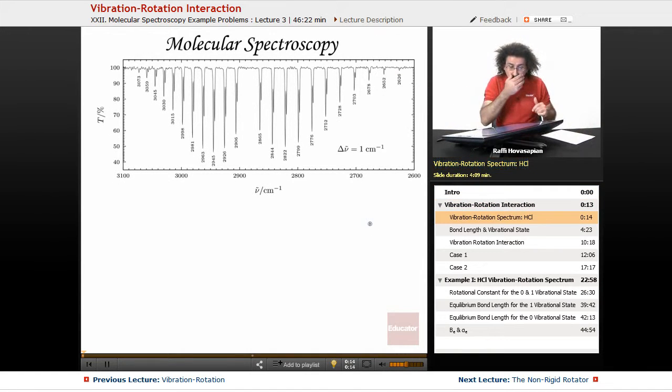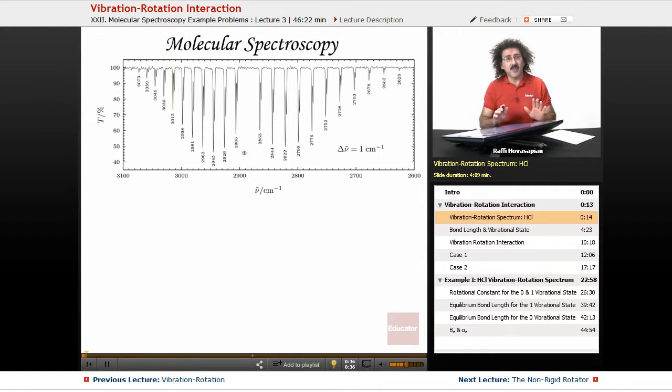Okay, so this is the vibration rotation spectrum for HCl. Here we have the R branch. Sometimes you're going to see it like this, and sometimes you're going to see it the other way where the peaks are pointing up. It doesn't really matter.